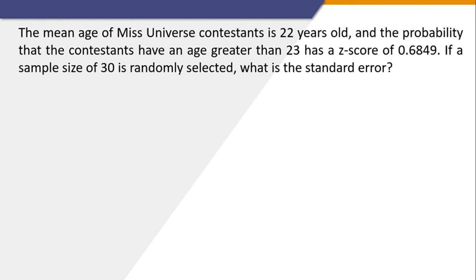Let's have another example. The mean age of Miss Universe contestants is 22 years old, and the probability that the contestants have an age greater than 23 has a z-score of 0.6849. If a sample size of 30 is randomly selected, what is the standard error? So, bago natin kuhanin yung standard error at kung anong formula ang dapat natin gamitin, let's first identify the given.